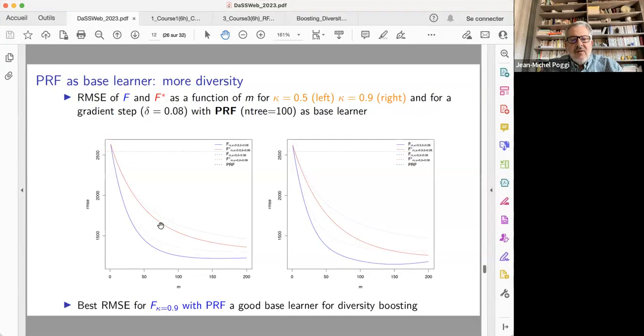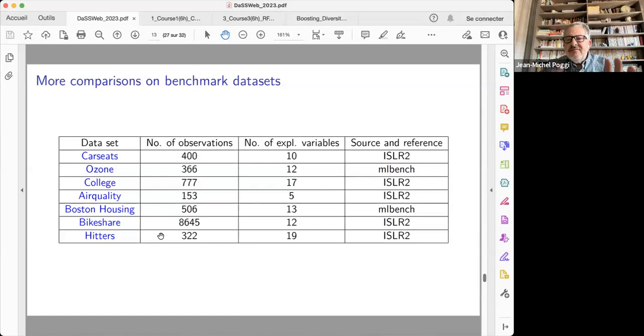Just to conclude, of course, it seems quite attractive, but we have some questions in mind, because it is natural to imagine that in some examples, if you push diversity, you could increase performance to get a final estimate which beats the boosting one, that diversity boosting is better than usual boosting.